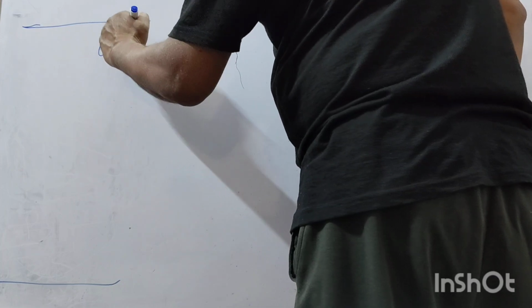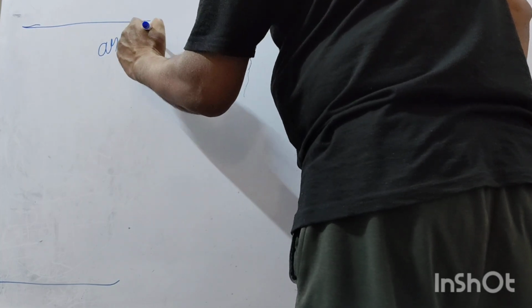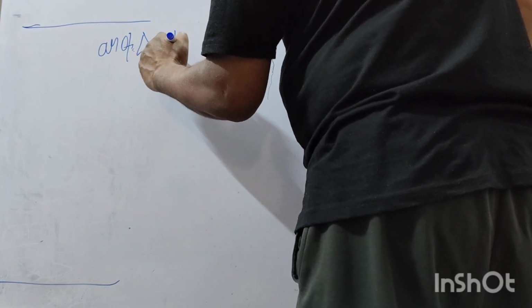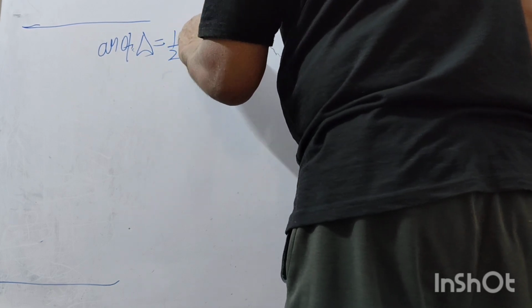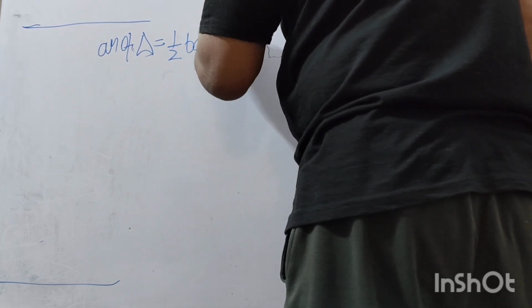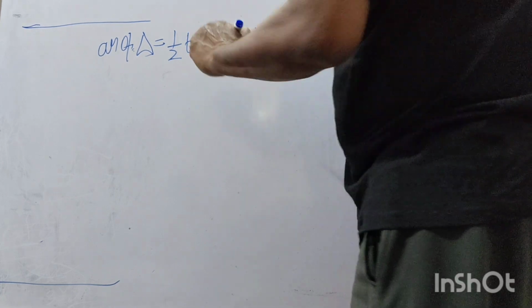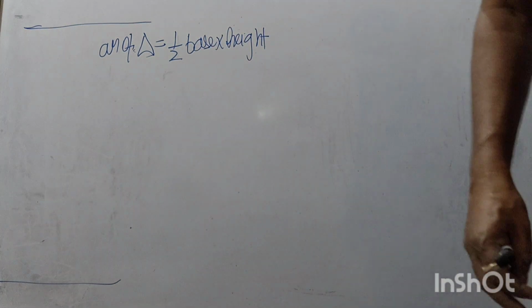Area of triangle is equal to 1 by 2 base into height. Right?